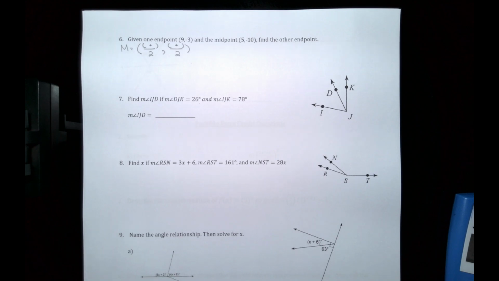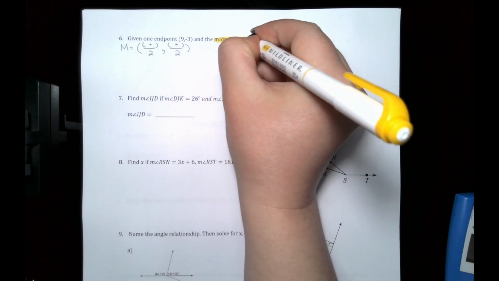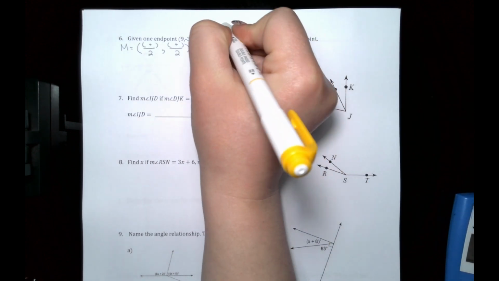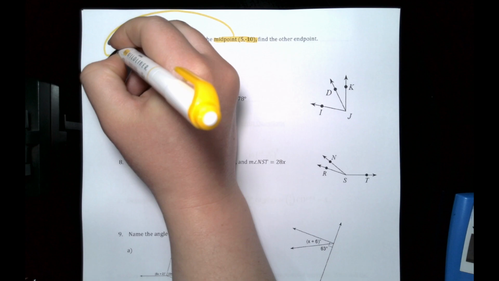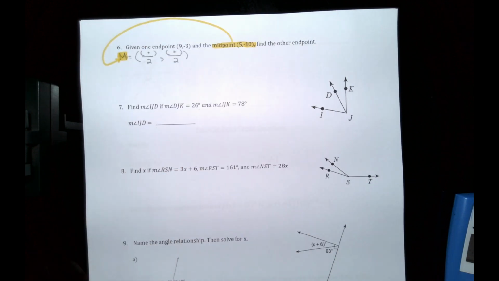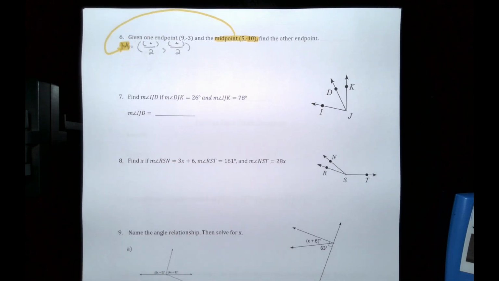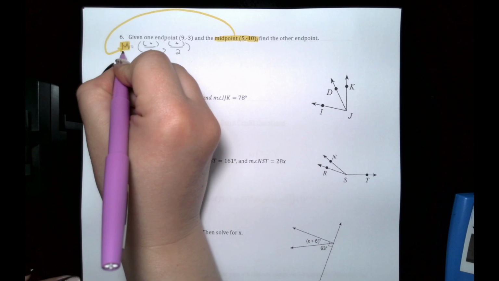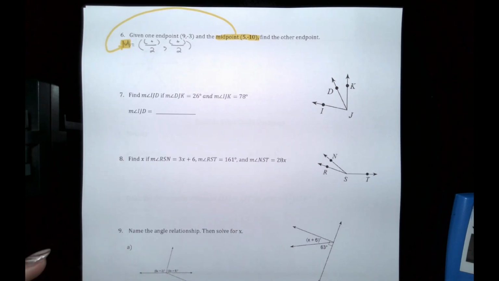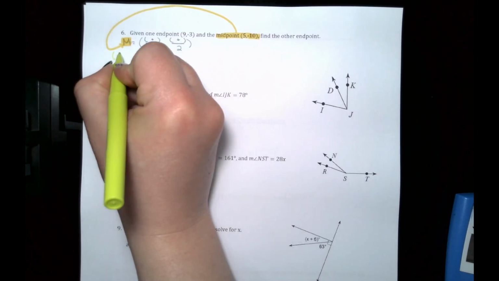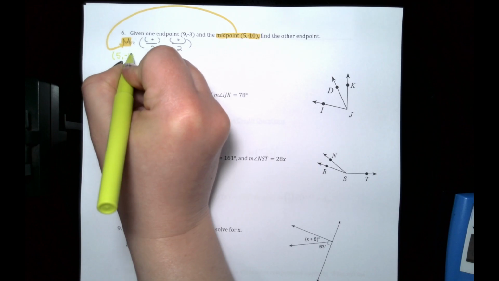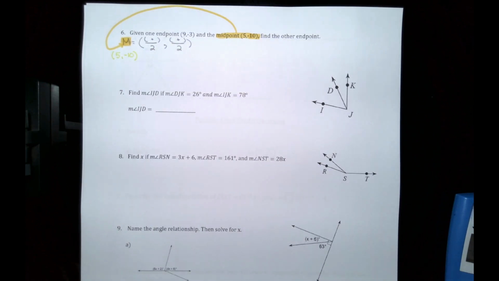Be careful here because they are not giving you both x1 and x2. They are giving you the midpoint. Since they've given you the midpoint, you're going to take that midpoint and plug it into the actual M that you have. So for my M, I'm just going to write in that 5, comma, negative 10. Let me see if that shows up on the camera a little bit.